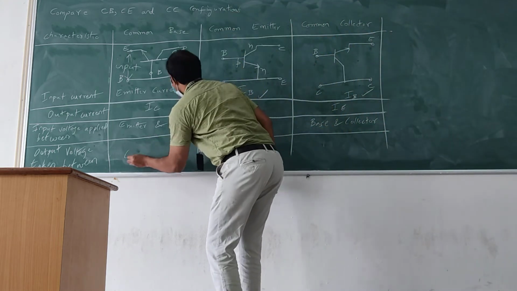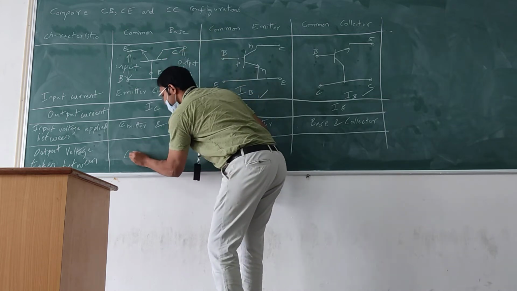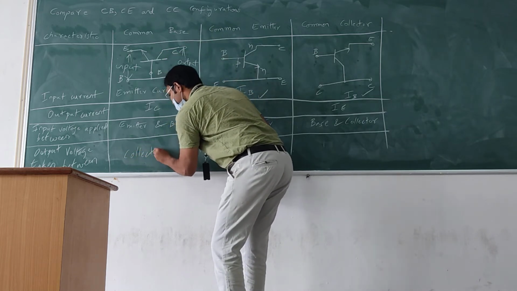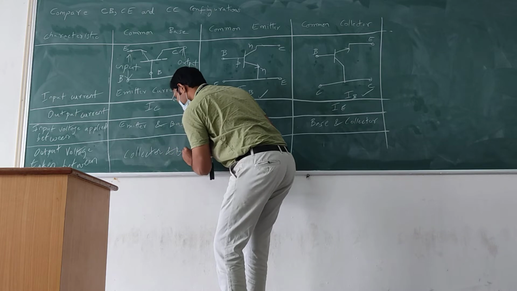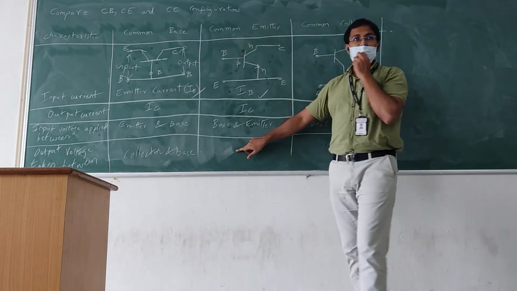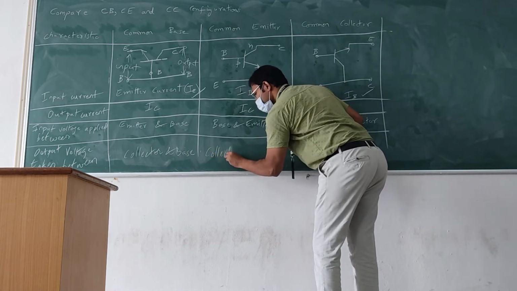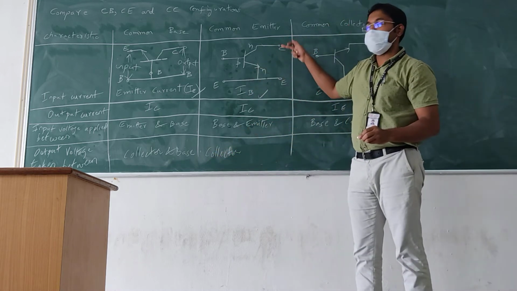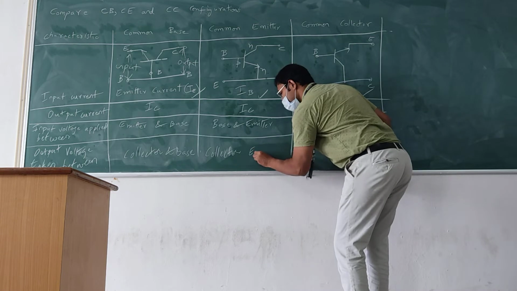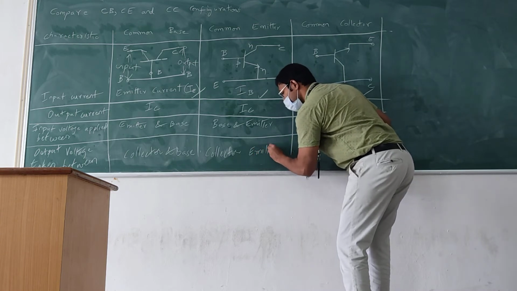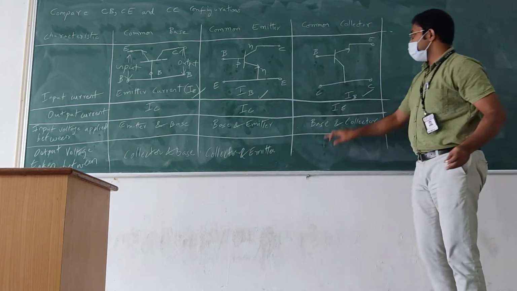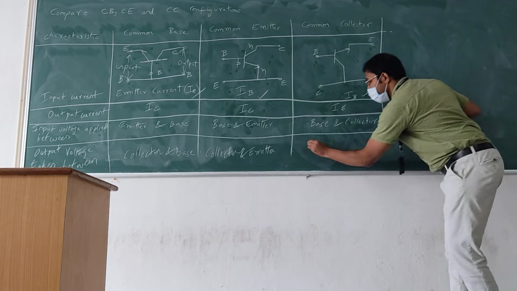Collector and base. All of you please answer. Next one, collector and emitter, since we are seeing output. Next, emitter and collector.